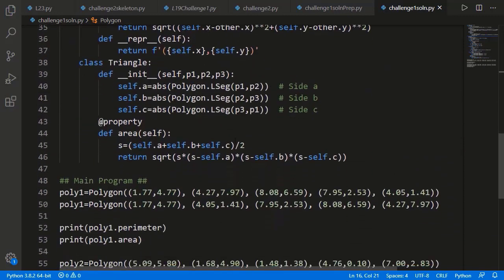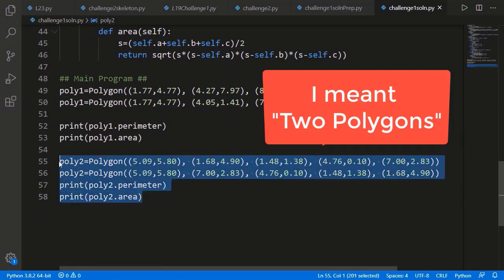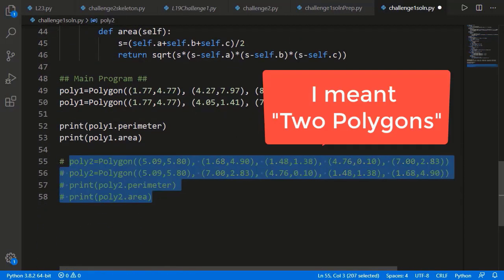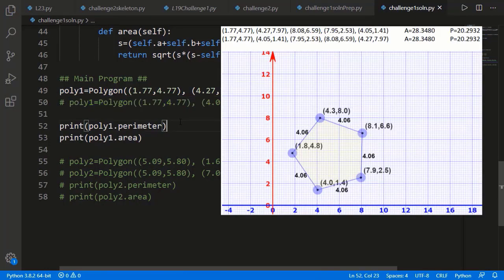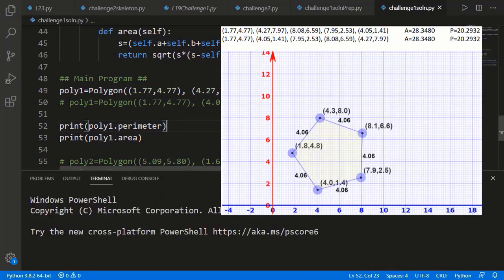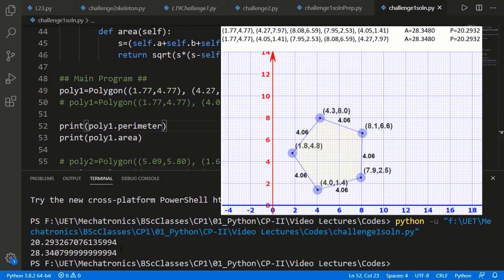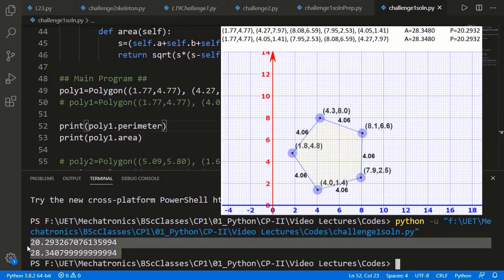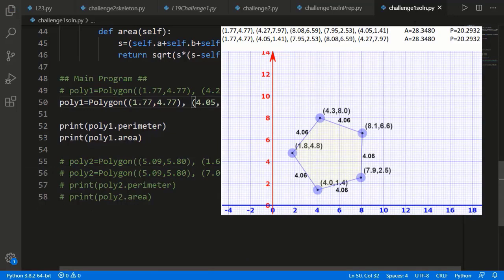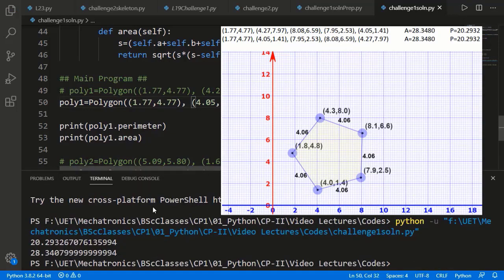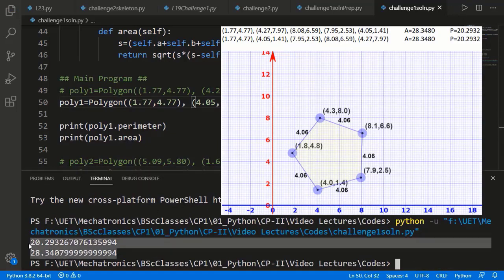Let's give it a test on 2 triangles, both in clockwise and counterclockwise order. Both perimeter and area of the first triangle are correct. Let's try the same triangle in the other order. And we have the correct result again.